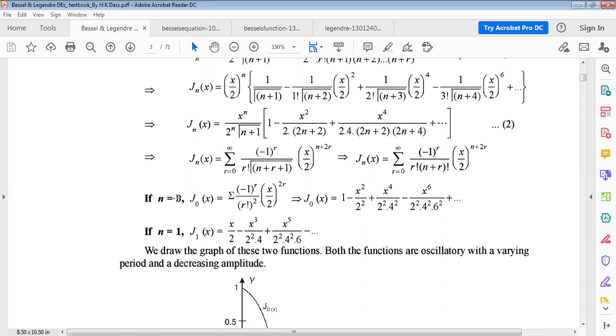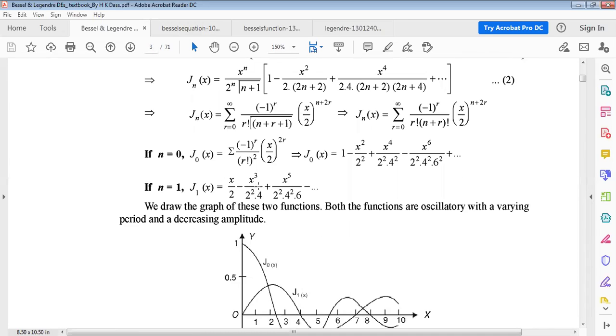So if n equals 0 here, J0 equals summation, minus 1 to the power r over (r factorial) whole square, x by 2 to the power twice r, for n equals 0 here. We get this. So J0 equals 1 minus x square by 2 square, just putting summation values, plus x to the power 4, x to the power 6, and so on.